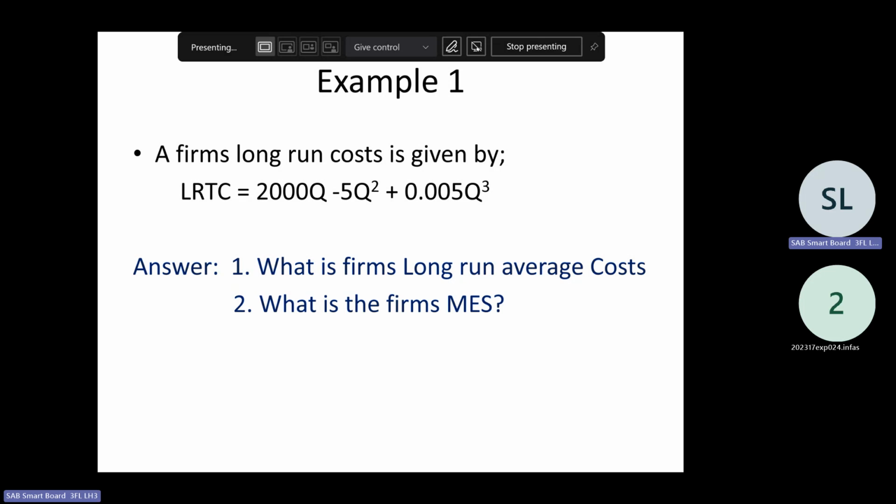We have 2000 minus 5Q plus 0.005Q power 2. So that is the average cost. Then you can find the minimum efficient scale of the business.